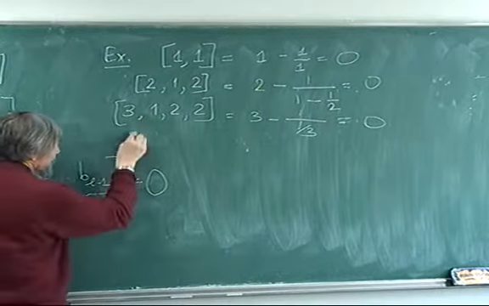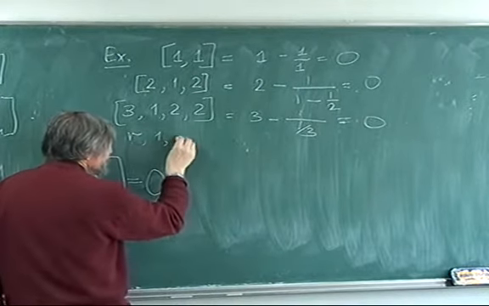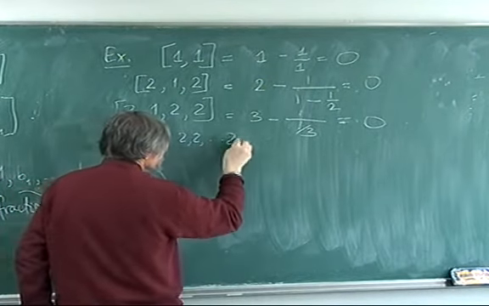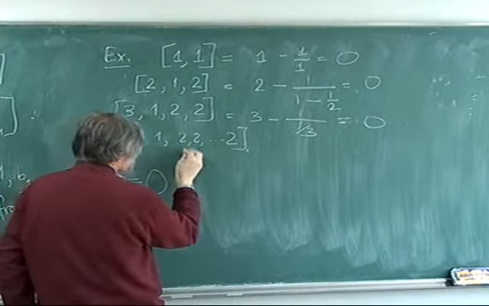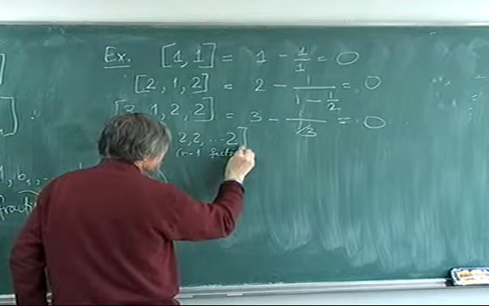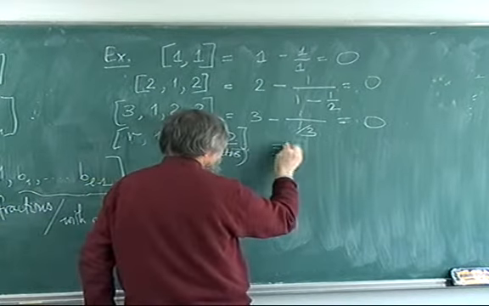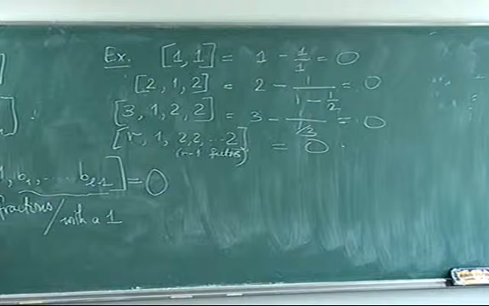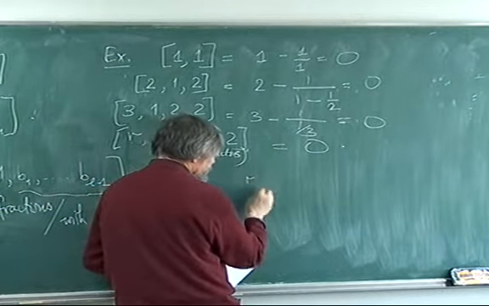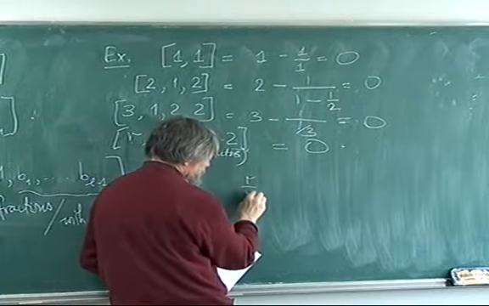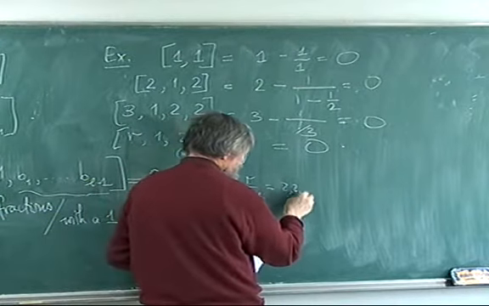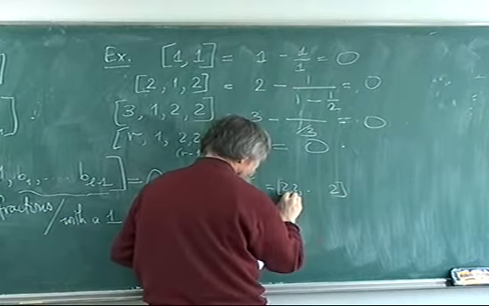Generally R, 1, 2, 2, 2 with R minus 1 factors is the same calculation. Remember when I do R over R minus 1, I get 2, 2, 2, R minus 1 times.